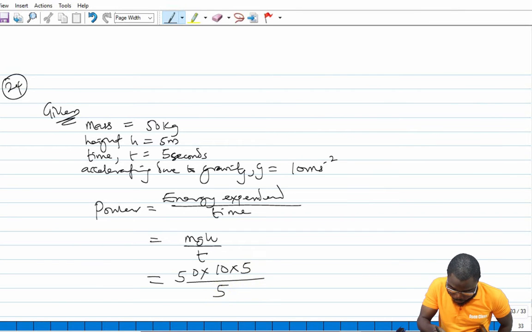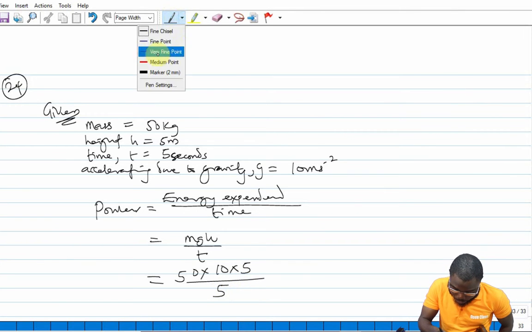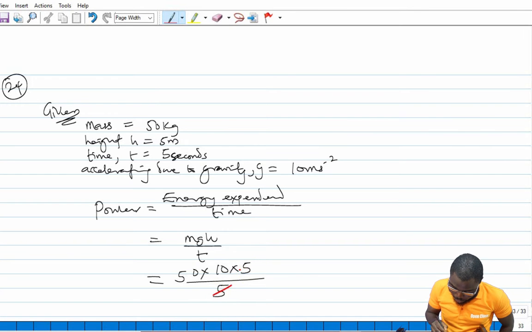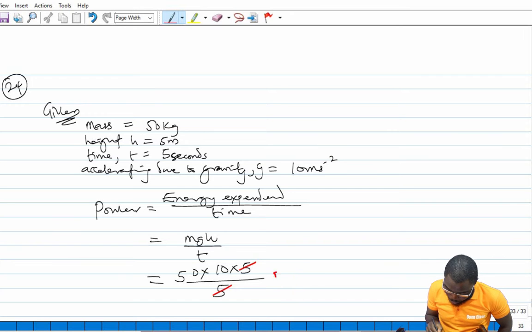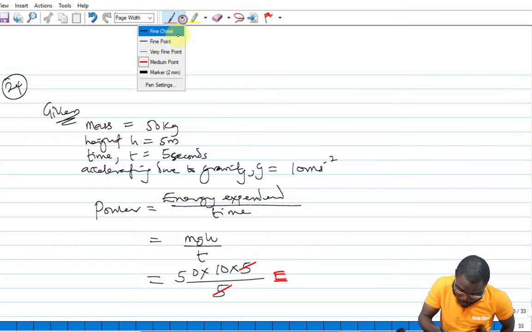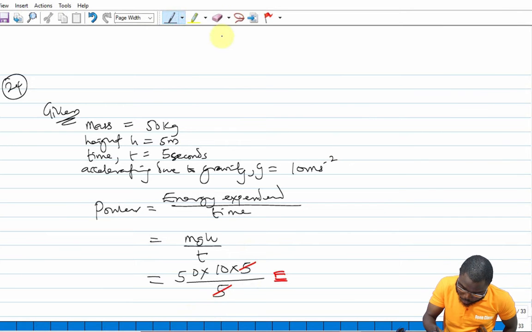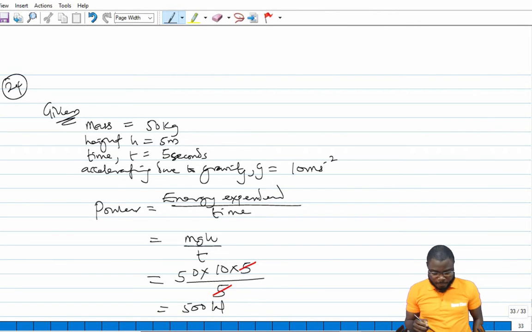This 5 will cancel that 5, then you only have 50 times 10, which equals 500. The unit of power is joule per second, or watt.